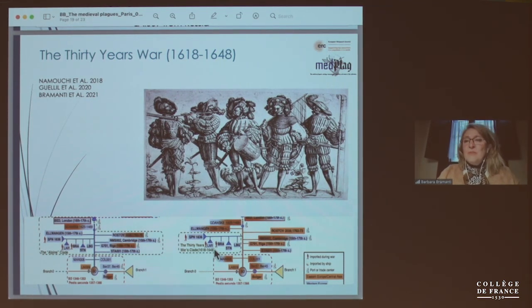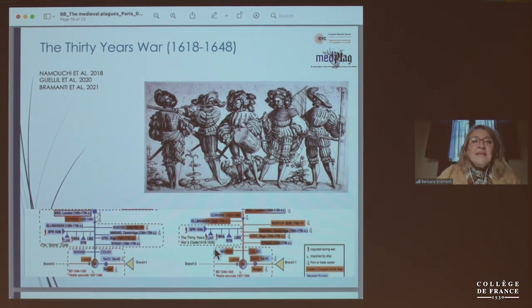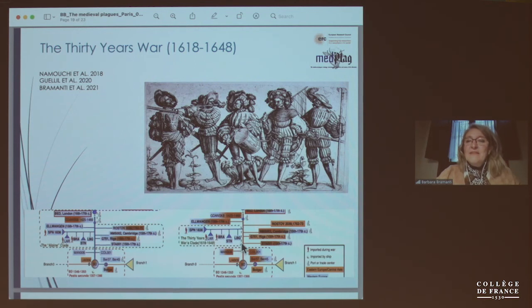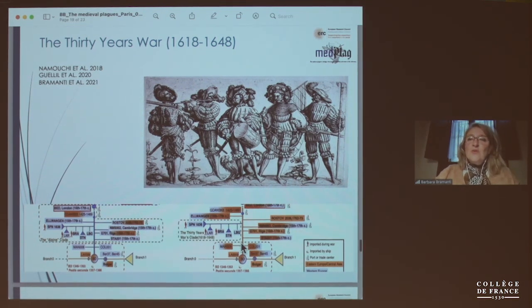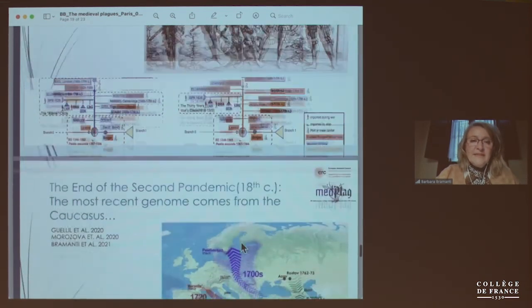During this period, the plague was also imported to Italy, and we know in Italy very well, we say that there were the Lanzichenecchi who took the plague to Milan. So therefore we can explain this part of the phylogeny also with this historical data.